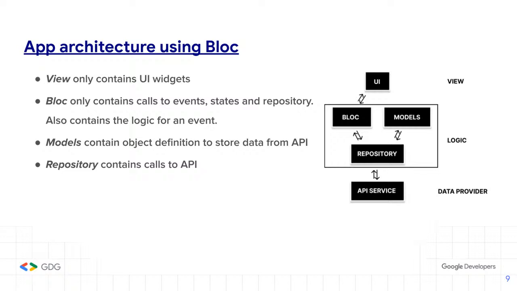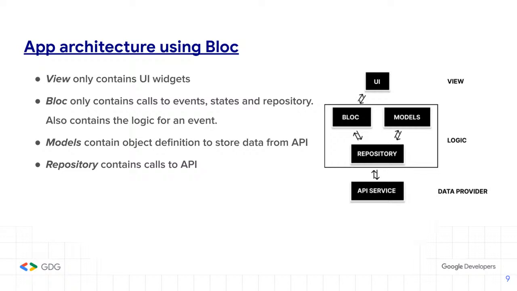And models are definitions of objects that can be used to store the API data. For example, after I make the call to the API, I'm going to get some data.